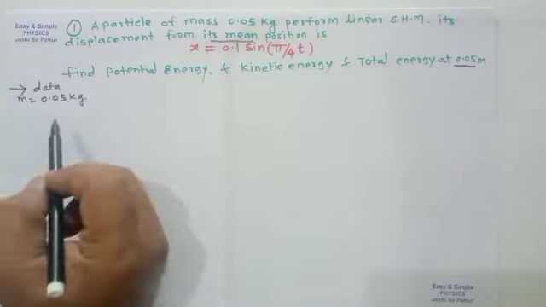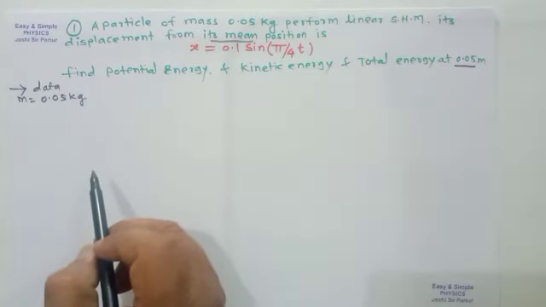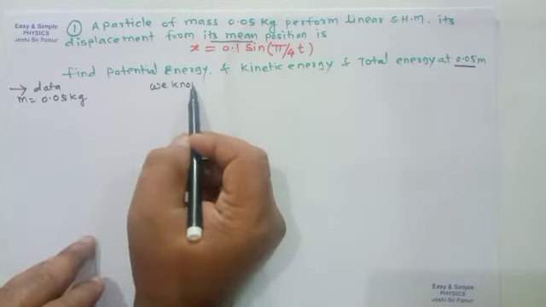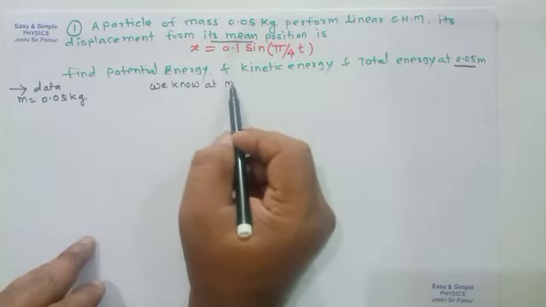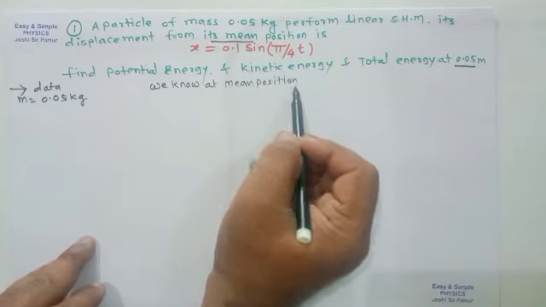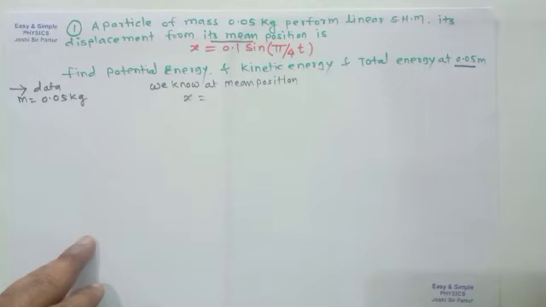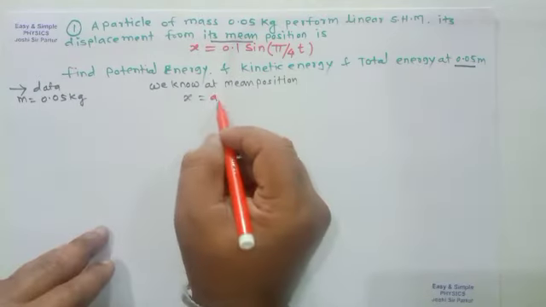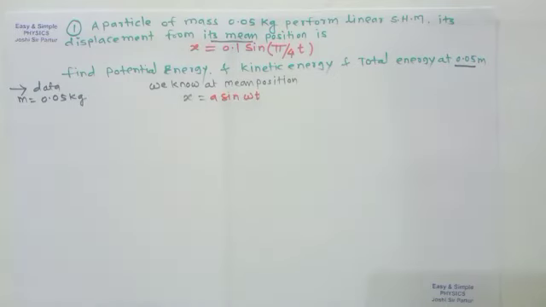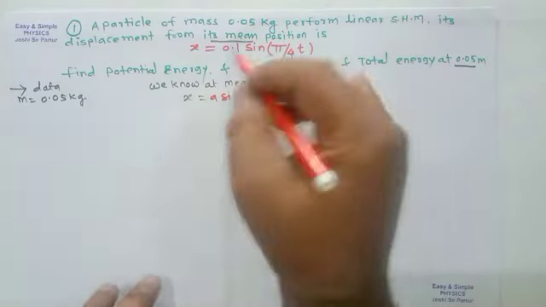And here displacement at mean position is given. So we know at mean position x is equal to a sine of omega t. Compare the equation with the above equation.